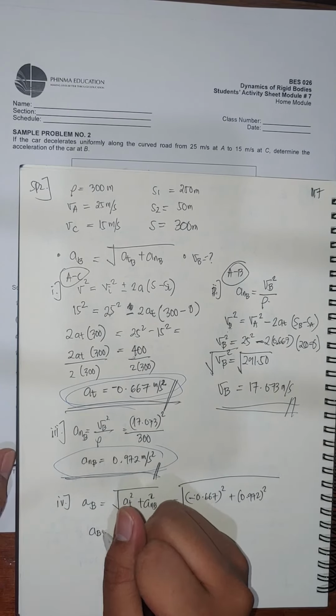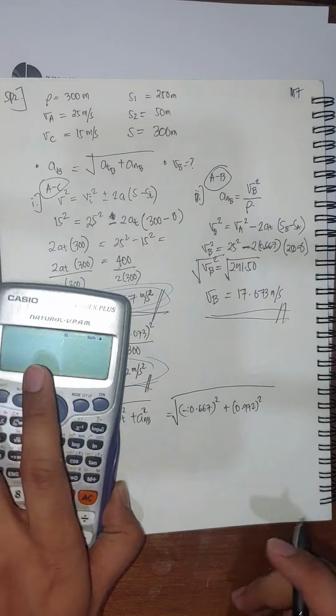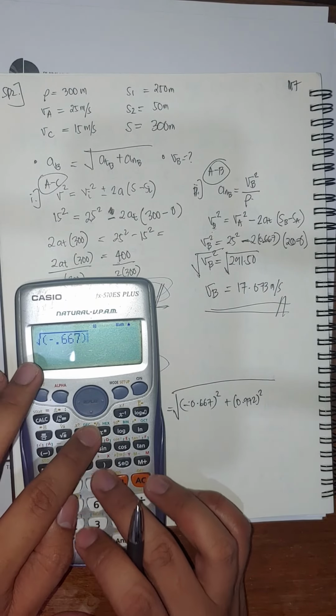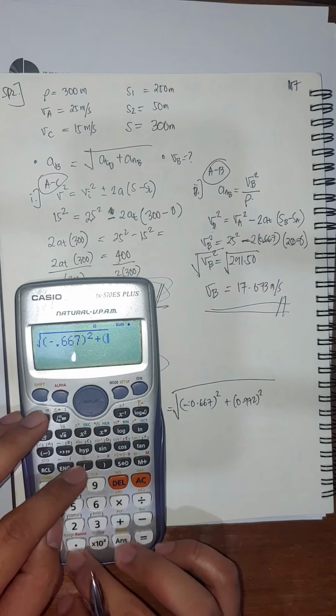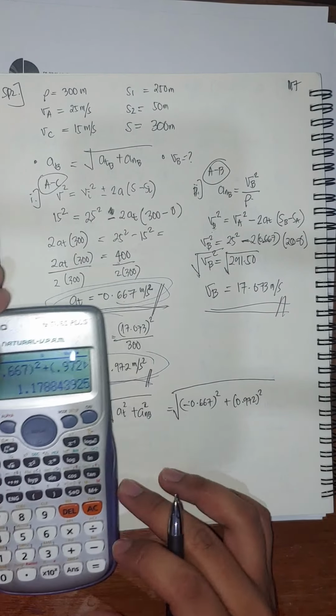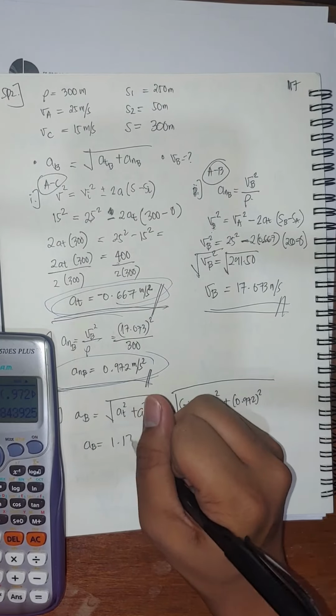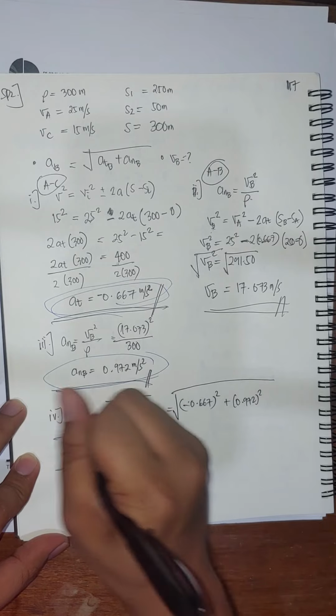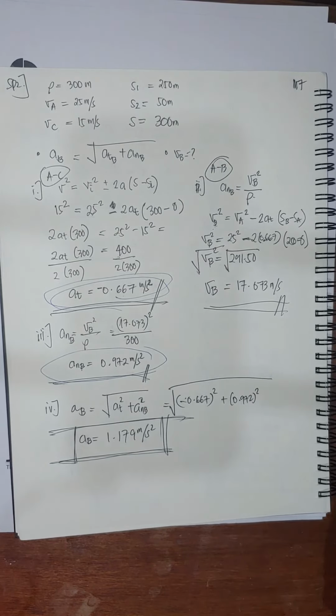So our acceleration at B is 1.179 meters per second squared. This is our final answer.